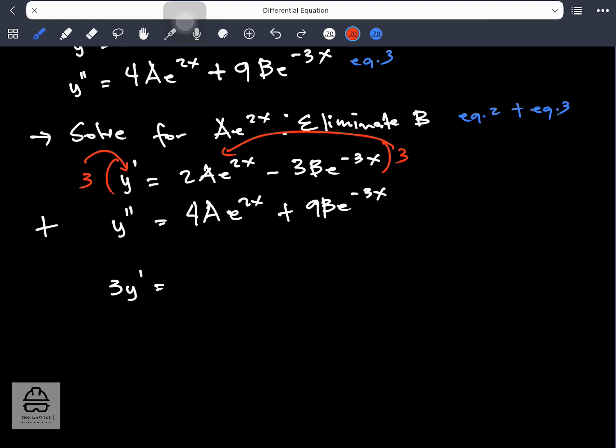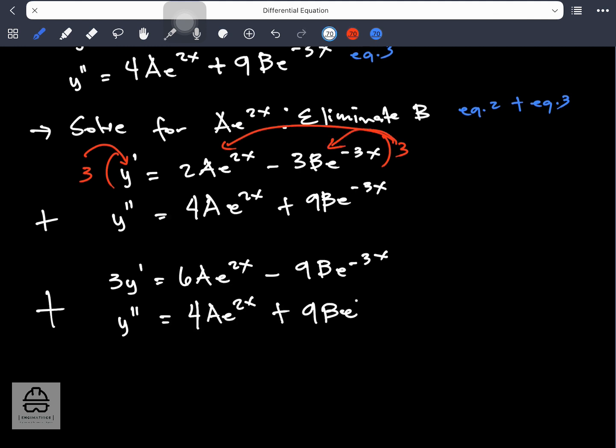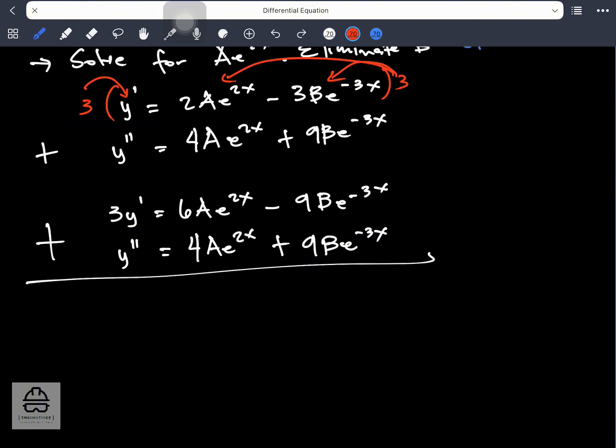Okay, so copy the y prime prime because we will add this. It's equal to 4ae raised to 2x plus 9be raised to negative 3x. Okay? So, as you can see, we can now eliminate this. Okay, this will be removed from the equation. So, we will be left with y prime prime plus 3y prime is equal to 10ae raised to 2x.